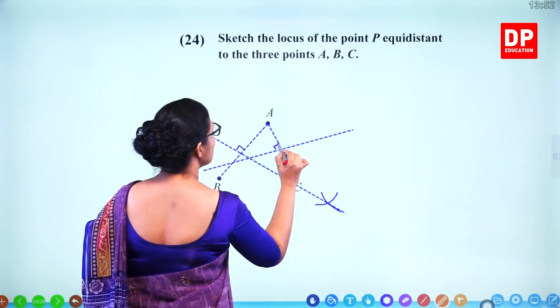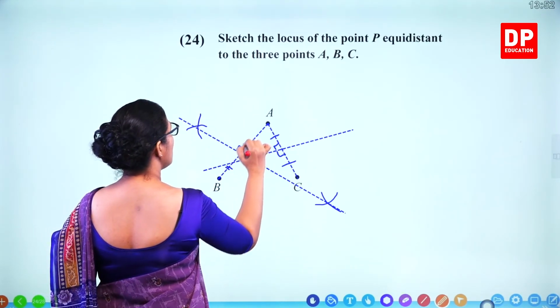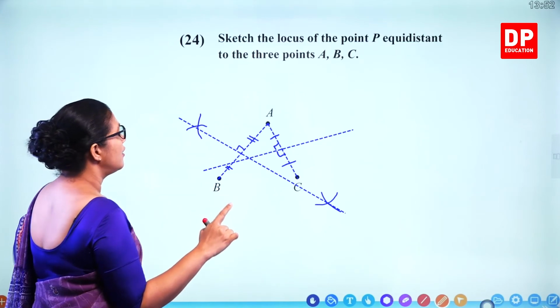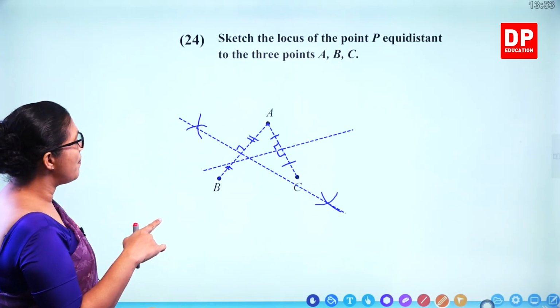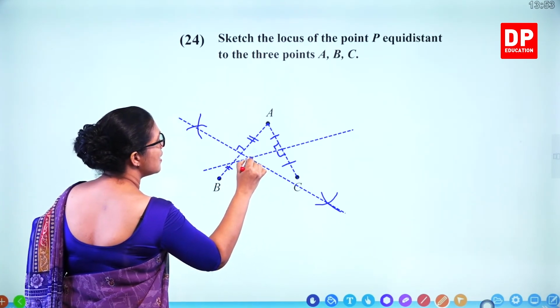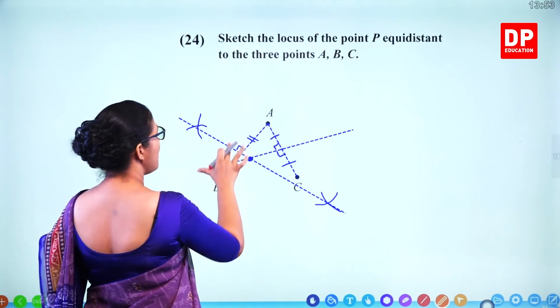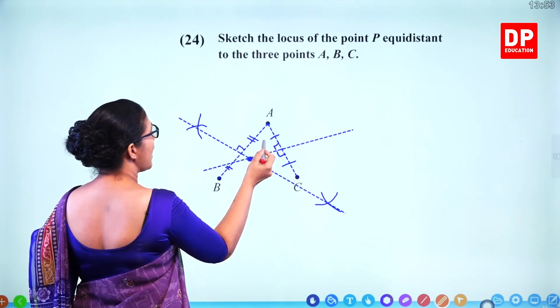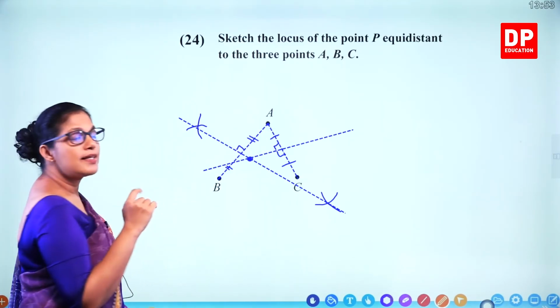This is just a sketch. So these two lengths are equal, these two lengths are equal. So the intersecting point of the two perpendicular bisectors is the equidistant point to all three A, B, C, because you get a circle around this and this is the center.